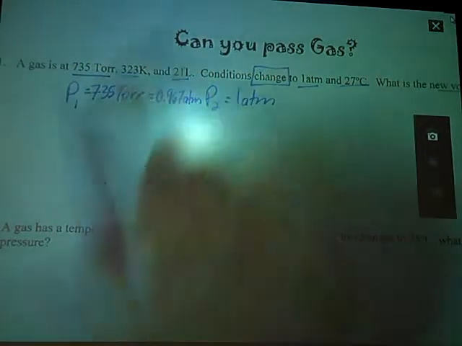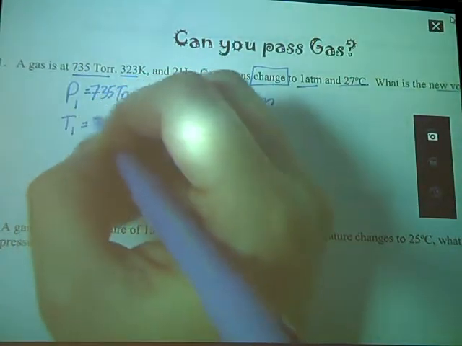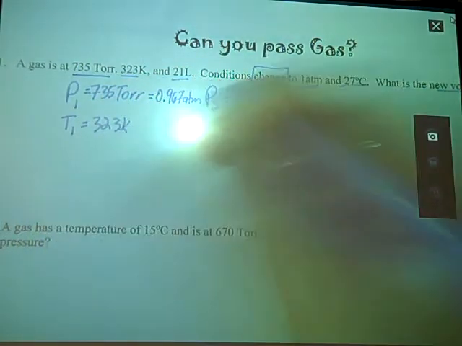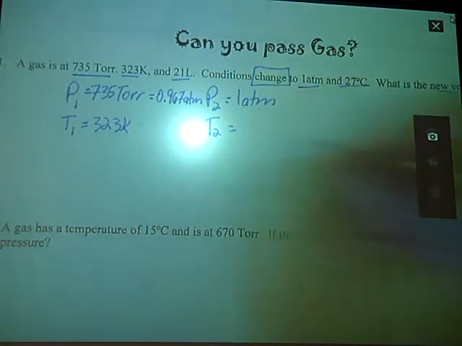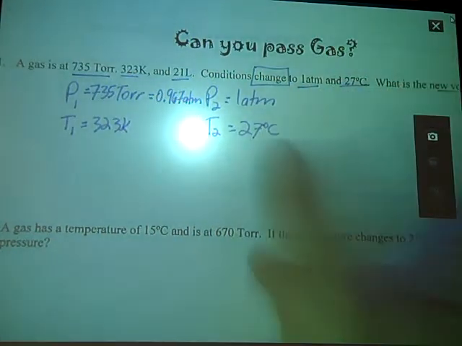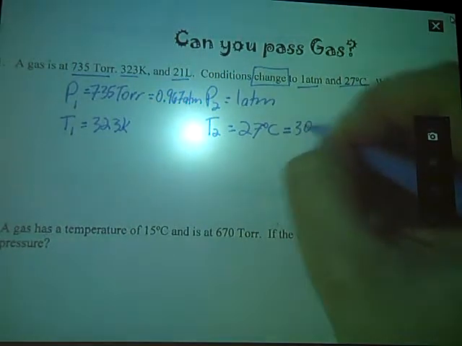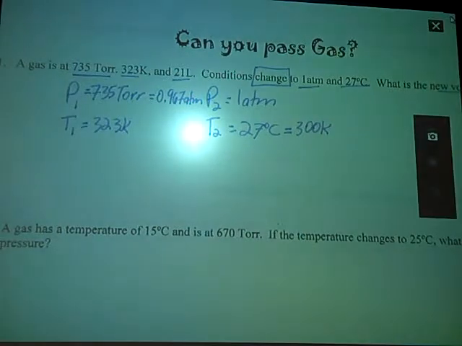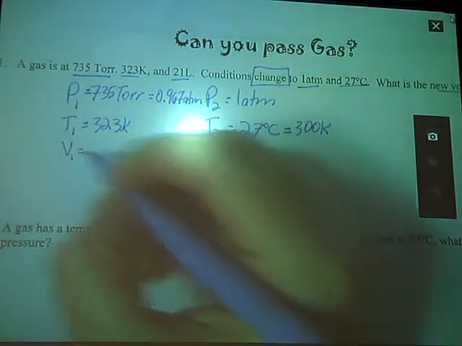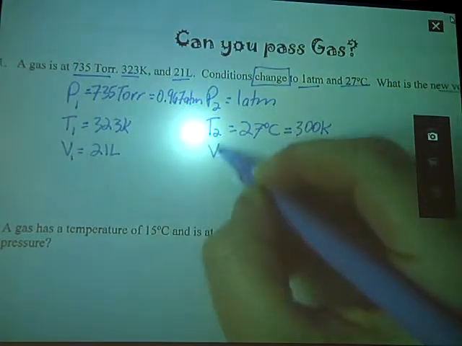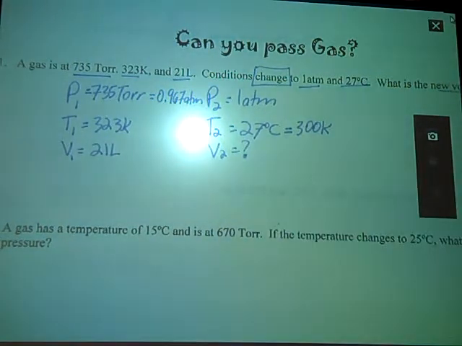Let's see, I have a temperature. Now, degrees Celsius is never okay. It must be in Kelvin, so adding 273 gives me 300 degrees Kelvin. I think that's right. My initial volume is 21, and they're asking me for my change in volume.